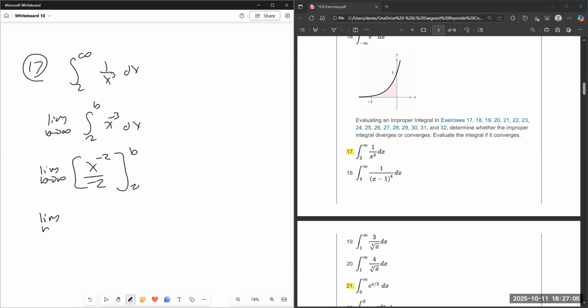So the limit as b goes to infinity of negative 1/2, and then b to the negative second brings it down, plus, and then 2 times 2 squared, that's 2 cubed. So that's going to be 0 plus 1/8, which is 1/8, and that converges. I didn't say so on the last problem that went to infinity. That one diverges.